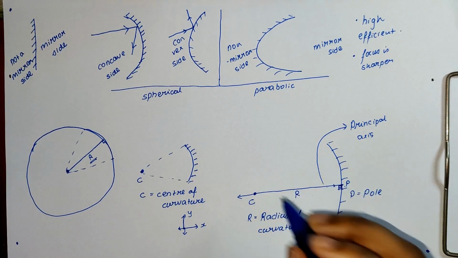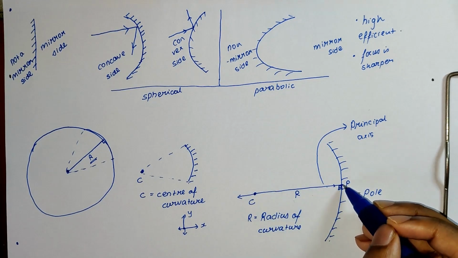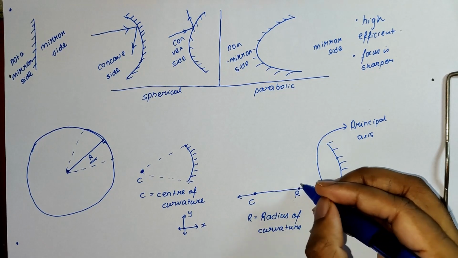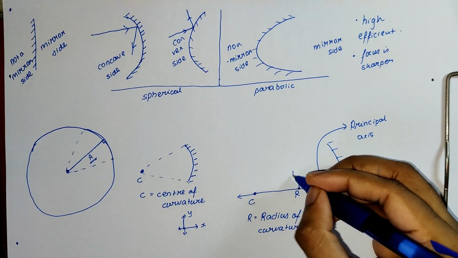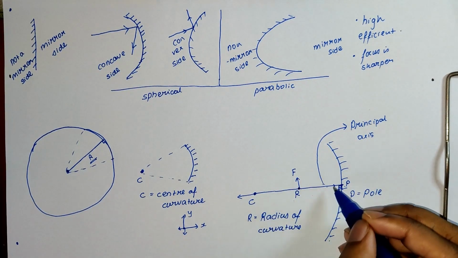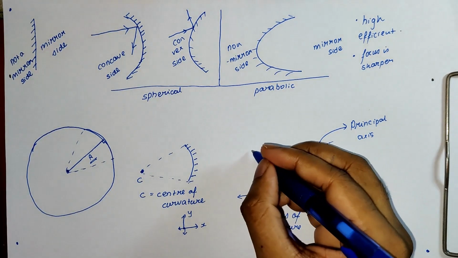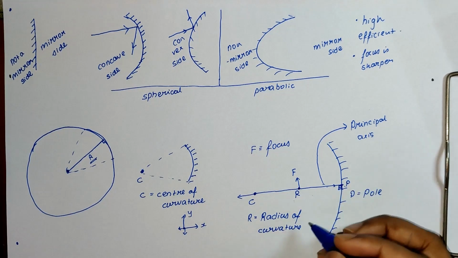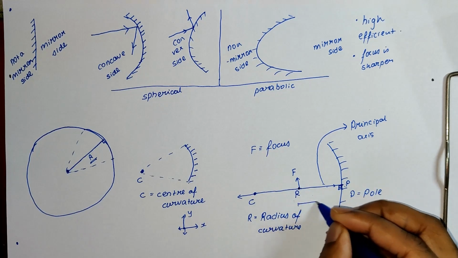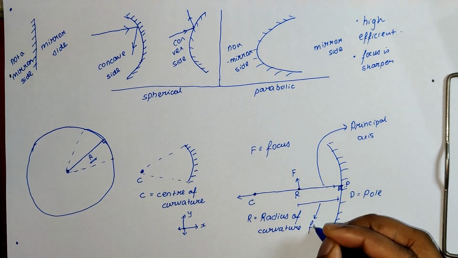Now I'm going to divide this line segment from C to P into two equal halves and name the midpoint as F. Now this F, which divides the line segment between C and P, is called the focus. The length between F and P, you have this length, right? That length is called the focal length.